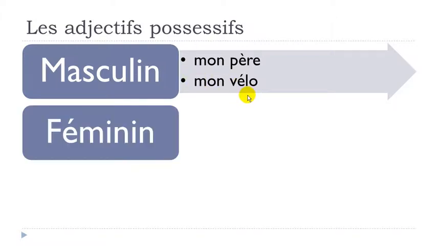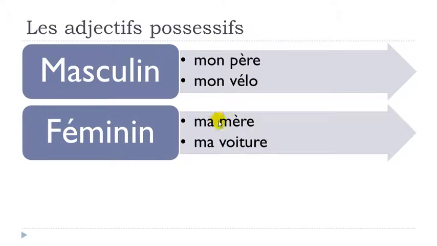All right, let's see now two examples for the feminine. Mother is feminine, and then you will have ma mère. Ma mère, my mother. Here you've got voiture. Voiture means car, and it's feminine, so une voiture. Same thing here, you will put the feminine form, ma voiture. Ma voiture.